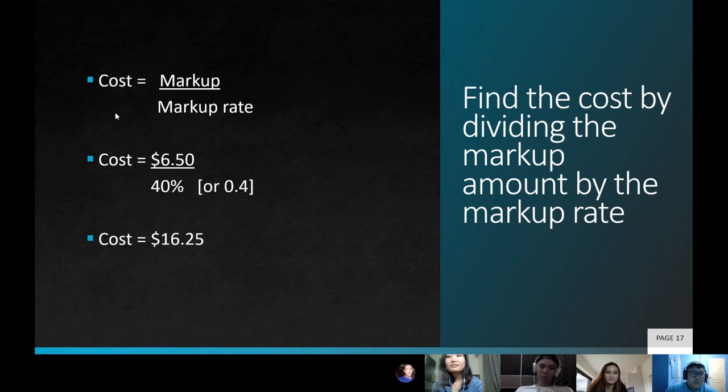We find the cost by dividing the markup by the markup rate. So the markup $6.50 divided by 40%, or we can use 0.4, which is also 40%. So the cost will be $16.25.